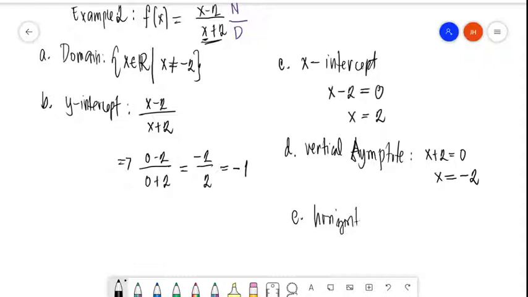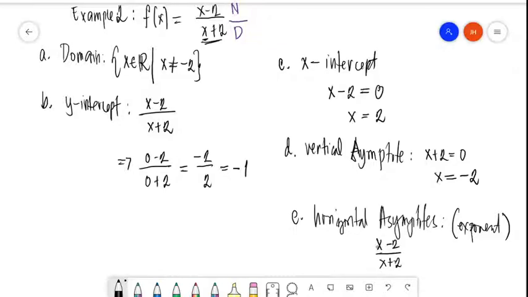So how are we going to find the horizontal asymptote? In getting the horizontal asymptote, we are going to consider the degree, or the exponent. Given x minus 2 over x plus 2, what is the exponent of our leading coefficient? We have 1 equals 1, or n, the degree of the numerator, is equal to the degree of the denominator.